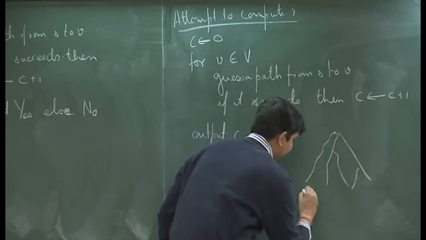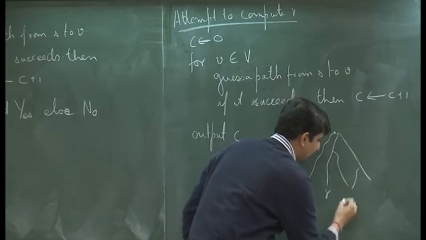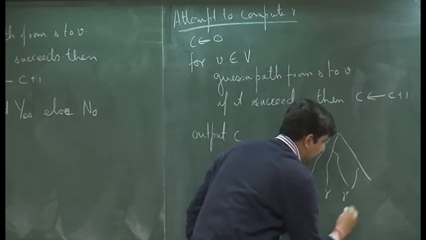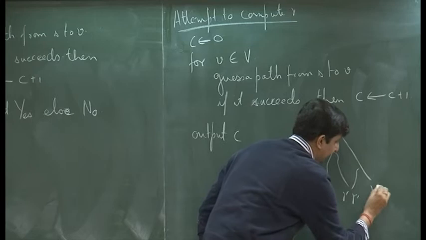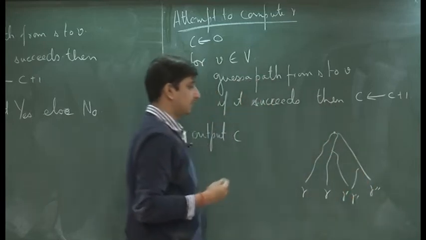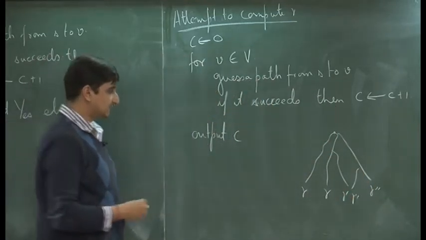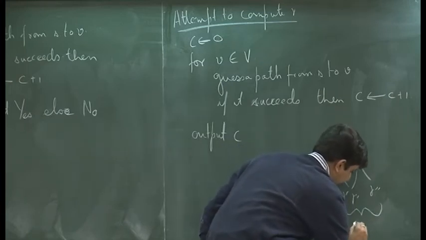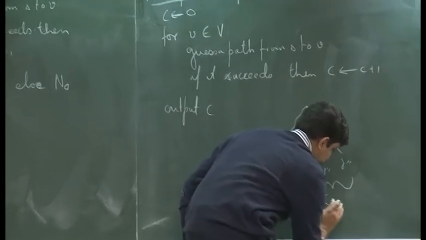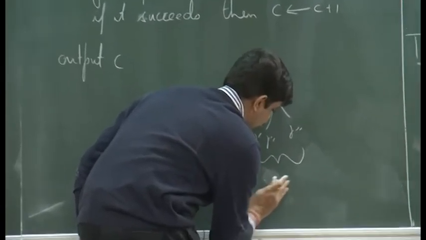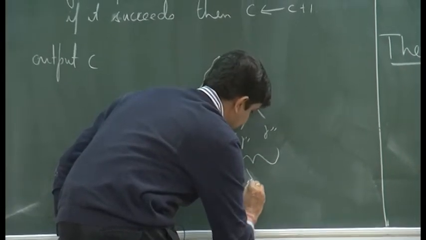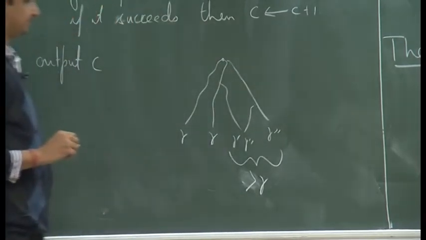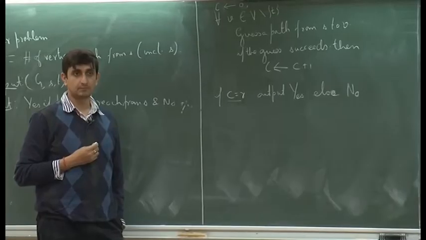Along some paths maybe you output the correct value R, and along some paths you output some R prime, R double prime, maybe some R double prime again, which are strictly less than R. So, these values are strictly greater than R. Yes, you are right.